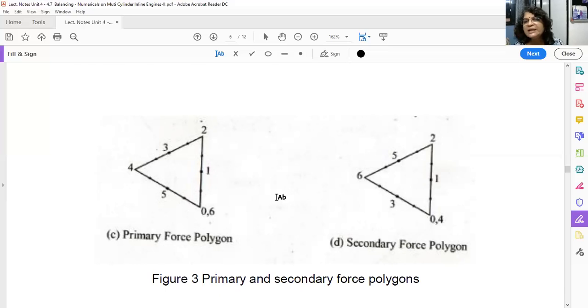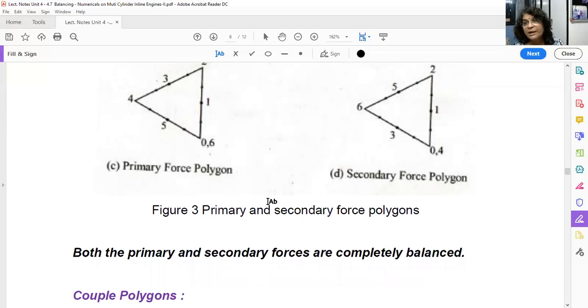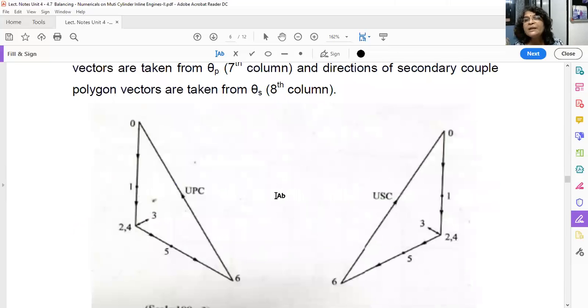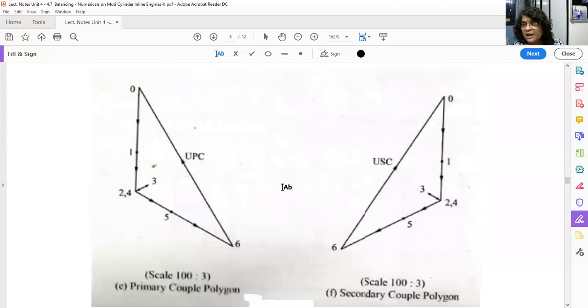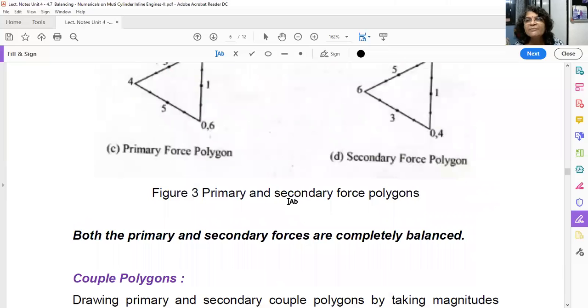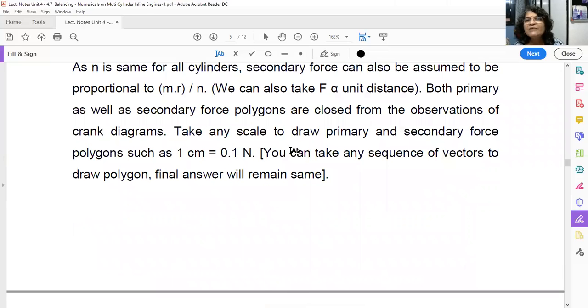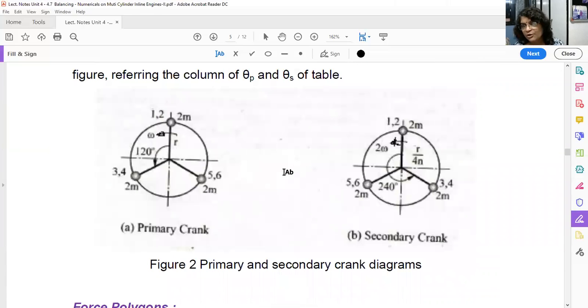So you will always get forces balanced, but the couple polygon will be different because your directions are different. Based on your firing order, you draw the primary and secondary crank diagrams, so these two diagrams will change when you change the firing order.